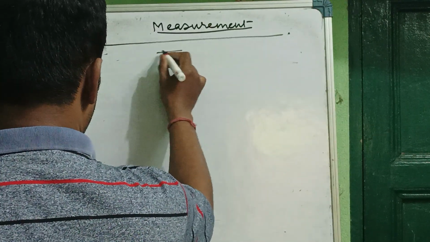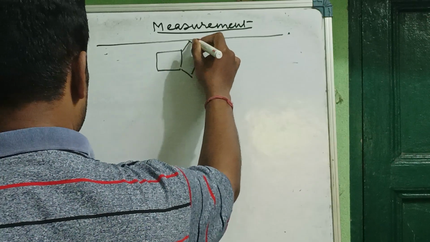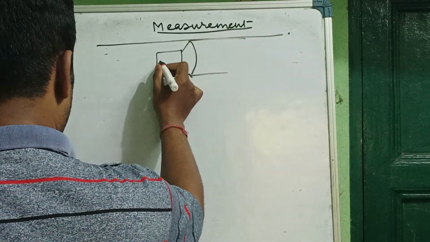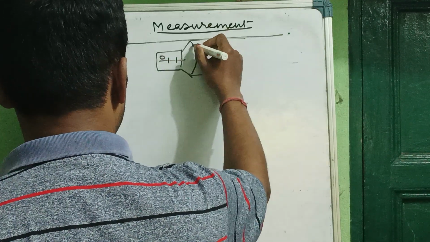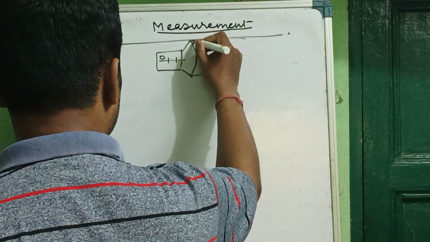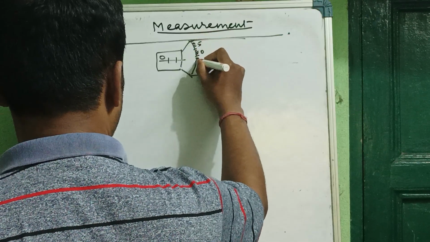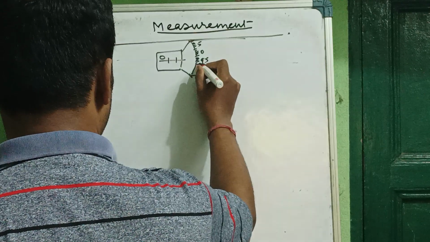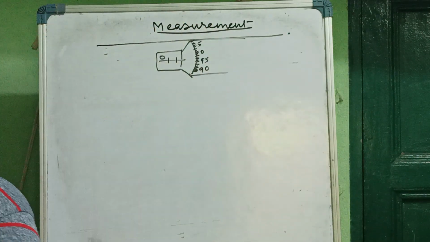If we take a screw gauge like this, a short example, this is our circular head, and this is our main scale 0, 1, 2, and this is our circular head, and that is 1, 2, 3, 0, 1, 2, 3, 4, 5, 95, and that is 90 here, and that is 100 divisions.